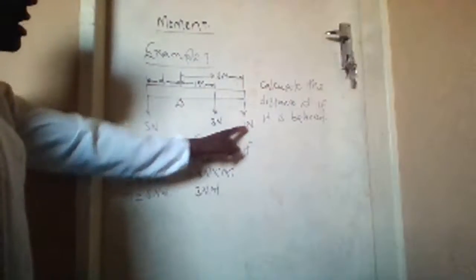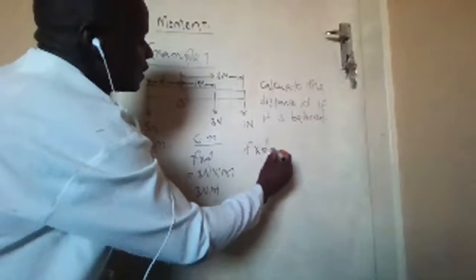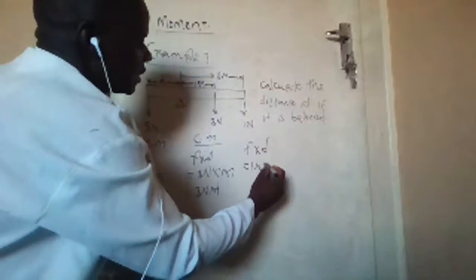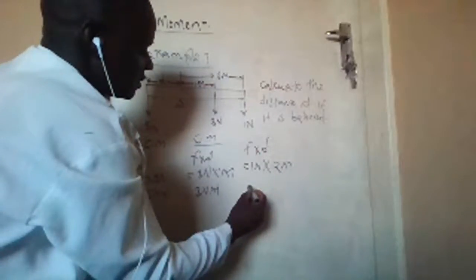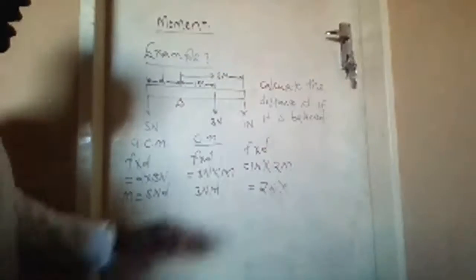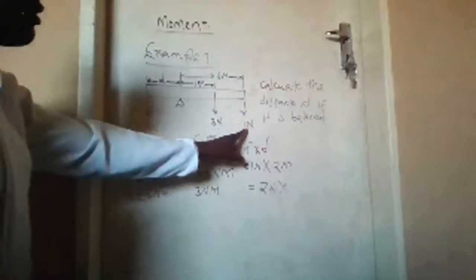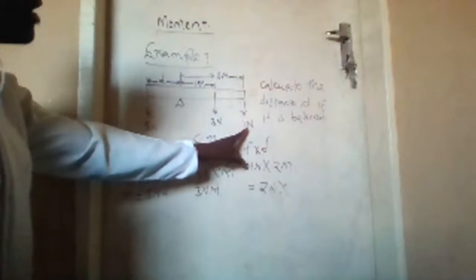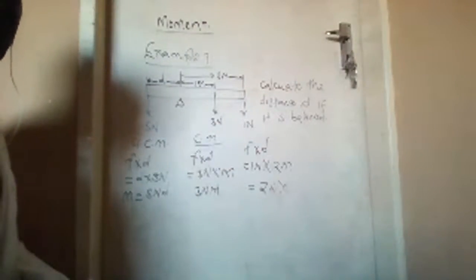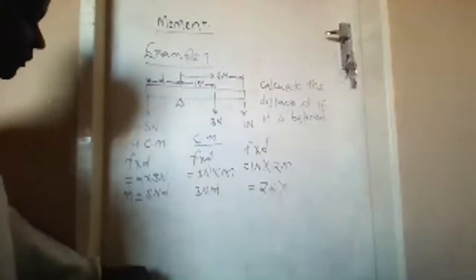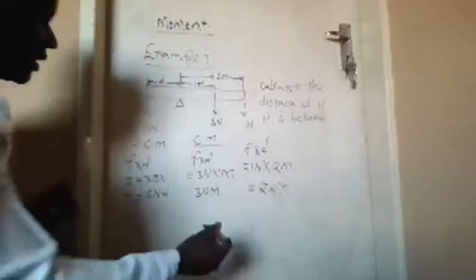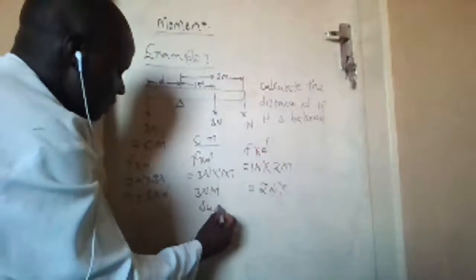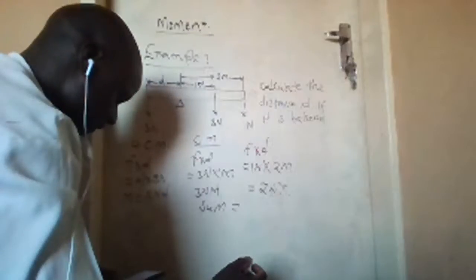And the shorter the distance, this 0.4, the larger the force that is applied for the moments to be equal. Why is it so? Because the distance from the point of action up to the pivot has a role to play.